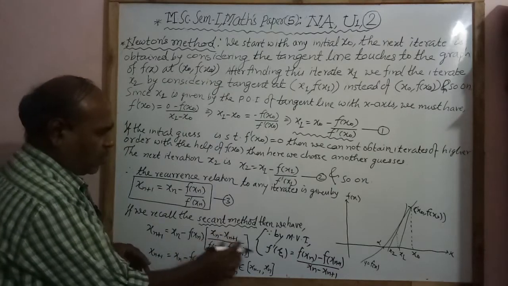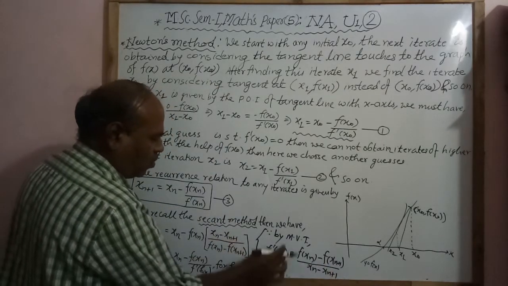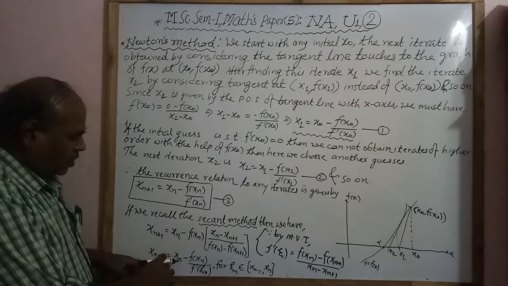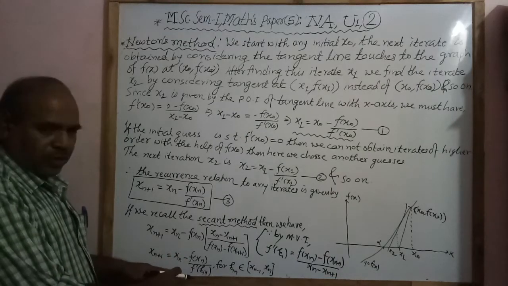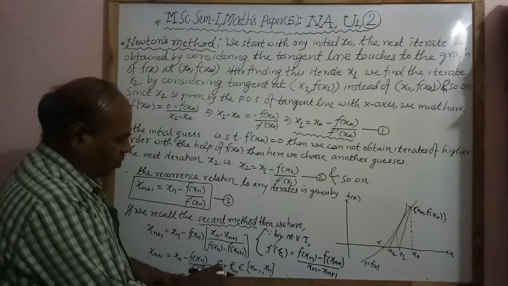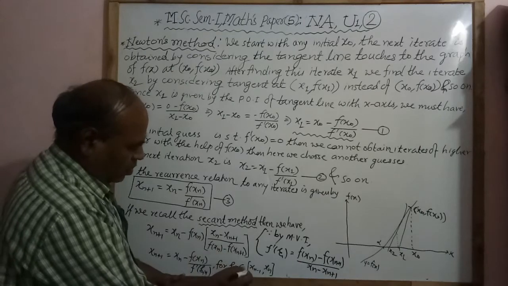Therefore we take the reciprocal of this, so it is 1 upon f dash of xi. Therefore xn plus 1 equal to xn minus f of xn divided by f dash of xi, where xi belongs to the closed interval xn minus 1, xn.